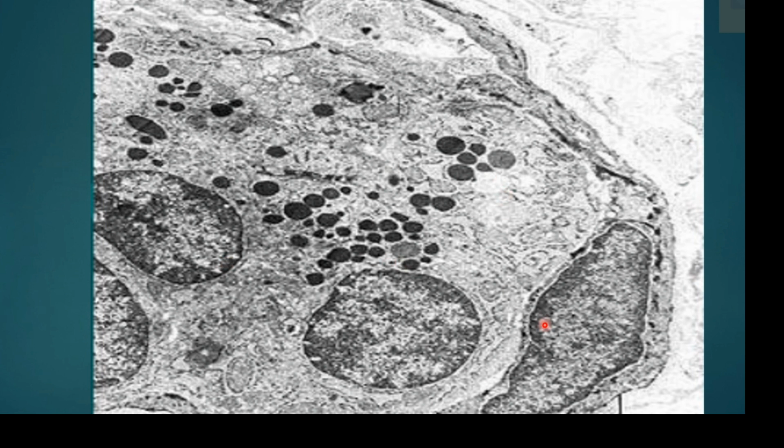So this is the electron micrographic picture of the cell. You can see this is the myoepithelial cell, and this myoepithelial cell is present within the basal lamina of the secretory unit, cells of the secretory unit. And this is the serous cell and the basally located nucleus of the serous cell, as well as zymogen granules are present. This is labeled as the actin filaments.